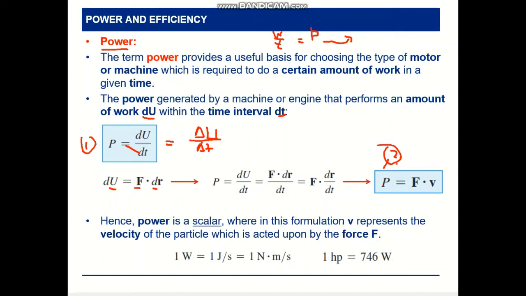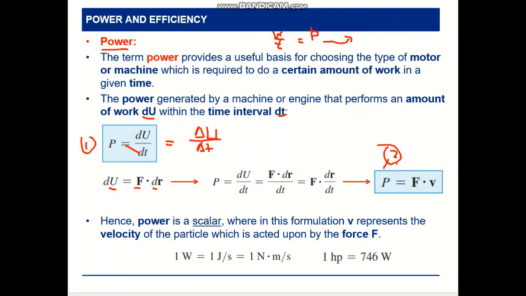If we have a motion with an external force, it is going to give us the power. Hence, power is a scalar because F dot V gives us a scalar quantity, where in this formulation V represents the velocity of the particle which is acted upon by the force.